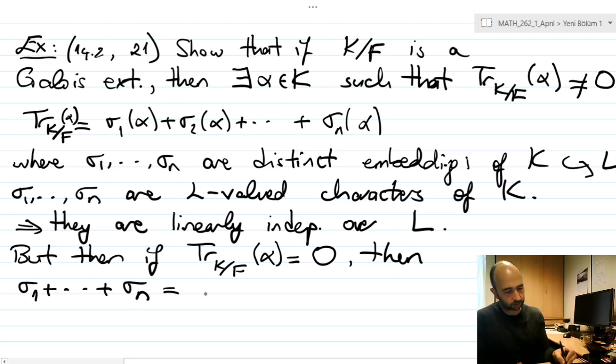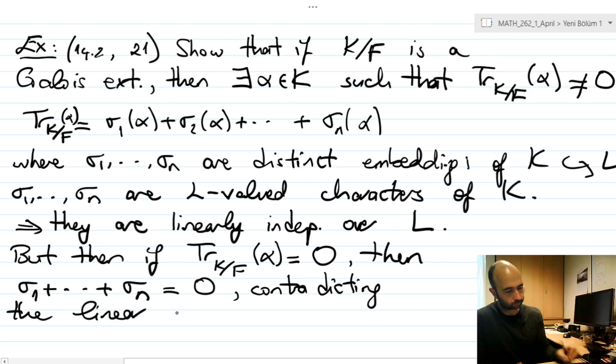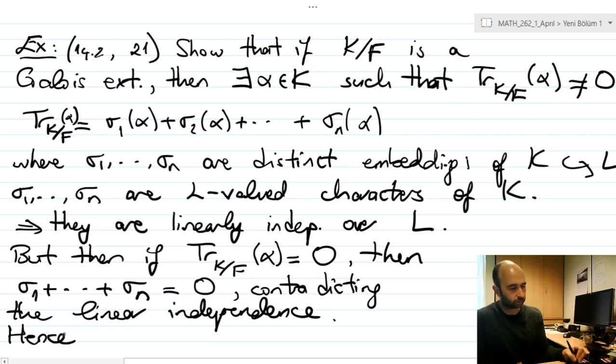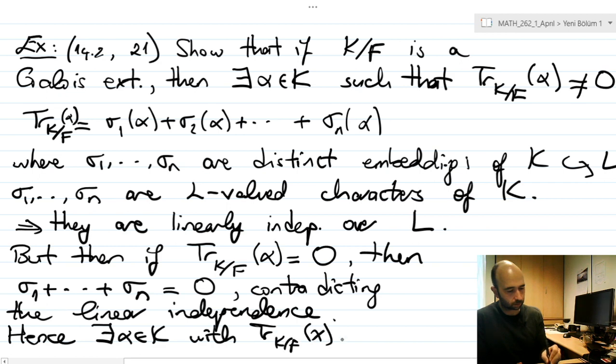But anyway, this is going to be the zero function, but this contradicts the linear independence. And this is a contradiction, so hence you must have something with non-zero trace. Okay, so that's a proof.